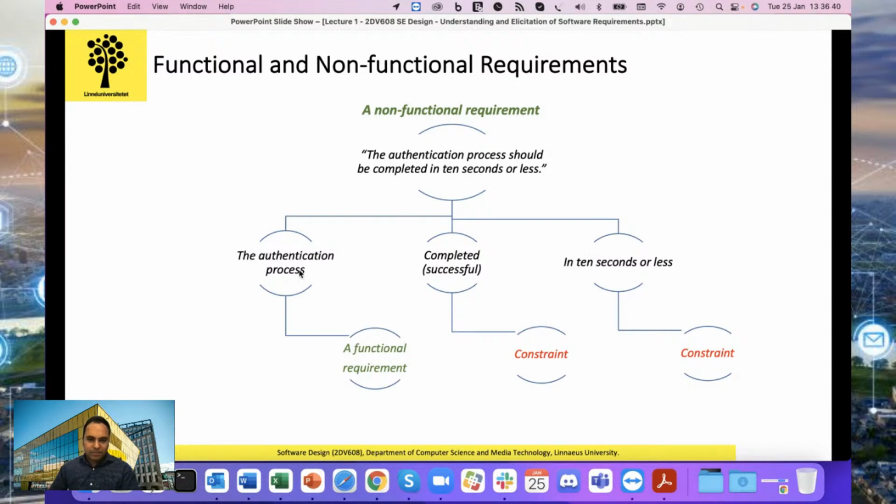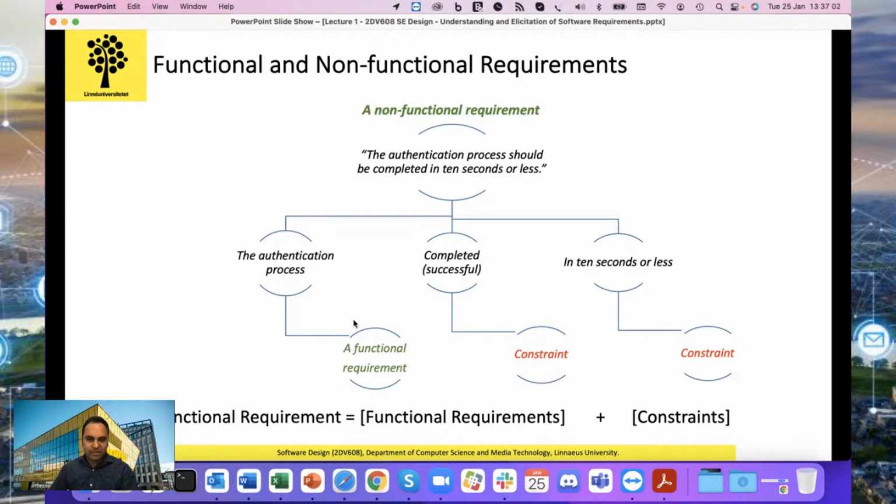So this authentication process is clearly a functional requirement, and the state of the authentication that is completed or successful, plus it should be done in 10 seconds or less, are constraints on this functional requirement. So in general, we can say that non-functional requirements are the combination of functional requirements and constraints. When we impose constraints on functional requirements, they become high-level non-functional requirements.